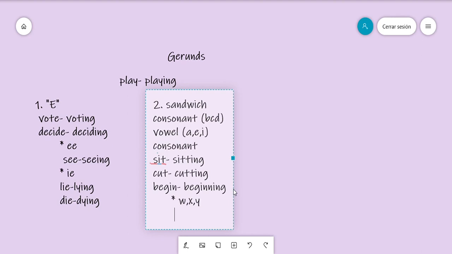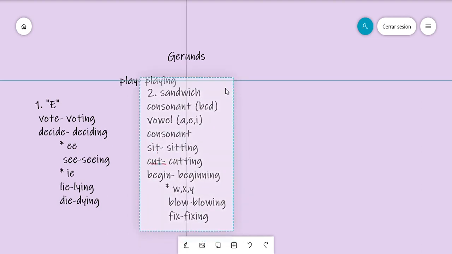For example, imagine that you have the word blow. If you write blowwing in this way, it's incorrect. The correct way is to write it in a normal way, blowing. Another example is fix. You don't have to repeat it, you have to write fixing.